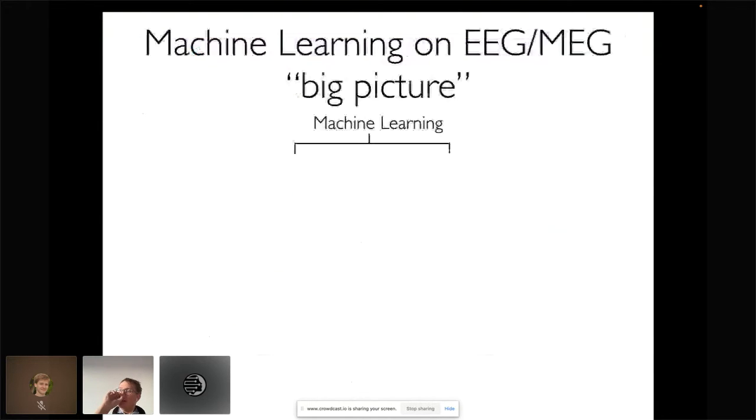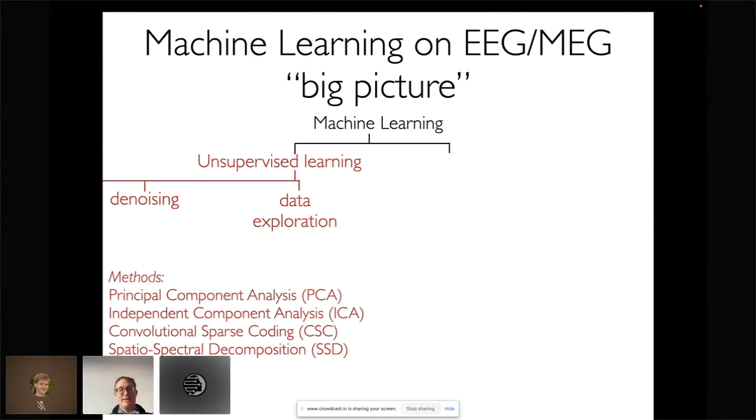All right, machine learning on EEG and MEG, the big picture. Let me simplify things. We can separate machine learning into big subdomains. I'm going to simplify on purpose, but let's say we have two possibilities. The first is so-called unsupervised learning, which in the context of EEG and MEG can be used for denoising or for data exploration.